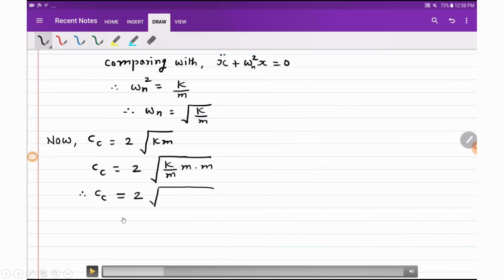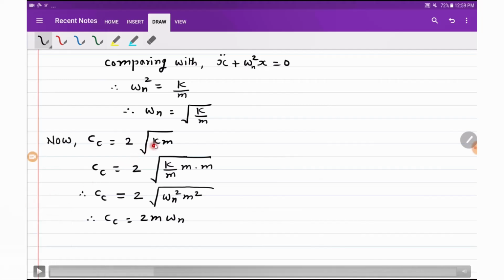Now we'll do some mathematical adjustment over here. So 2 as it is, square root of, now multiply by m and divide by m. So again try to understand this step. This km we keep as it is, so this is k and this m as it is.